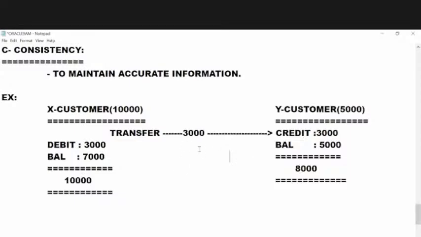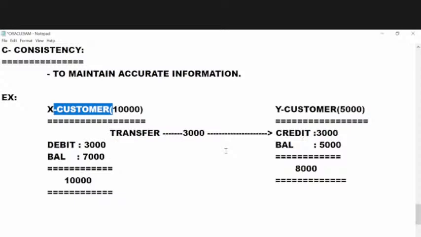This is what we call consistency. After the transfer, the balance amount plus transfer amount equals the total amount. Y customer had 5,000, and after credit, credit amount plus balance amount equals the total of 8,000. So Y customer account information is accurate, and X customer account information is accurate.